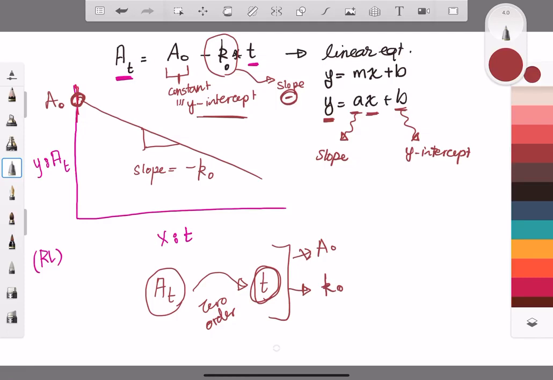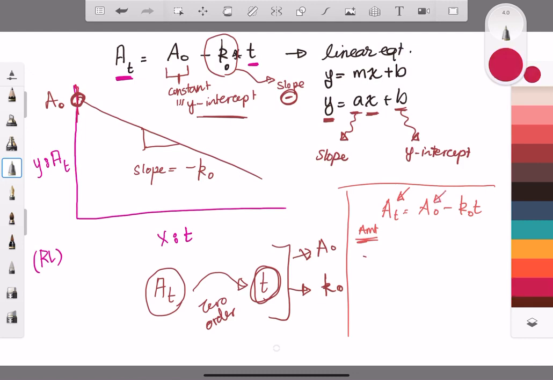Okay, so far we were talking in this equation about the amount of the drug. So the equation was A naught minus K naught multiplied by the time, using amounts: the amount of the drug at a certain time, and the initial amount of the drug.